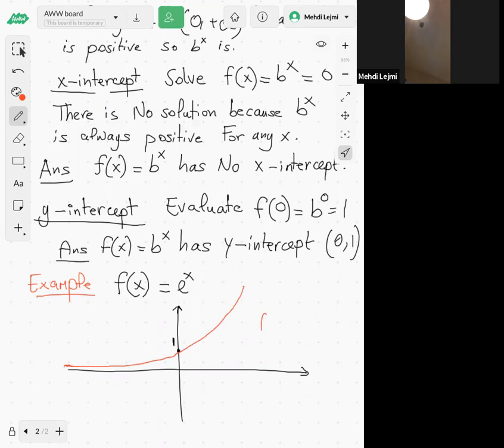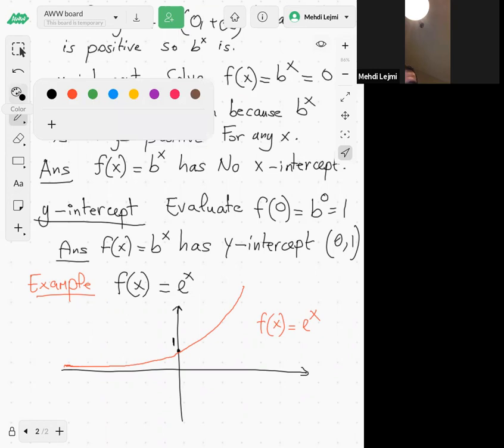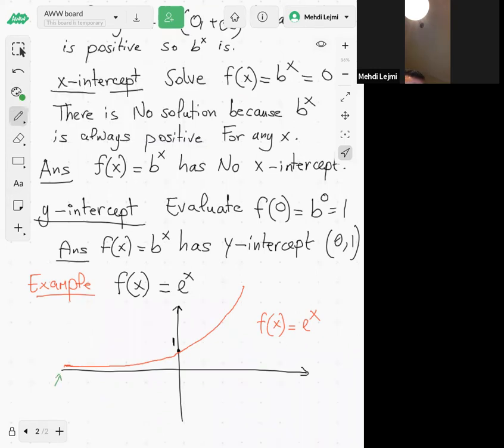There's no intersection with the x-axis because there's no x-intercept. As you can see, it is an increasing function. It's just to give you an idea about the graph of an exponential function.